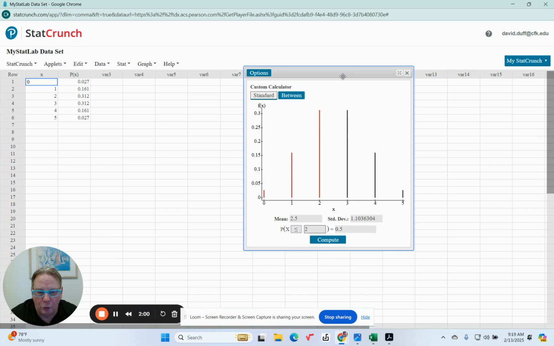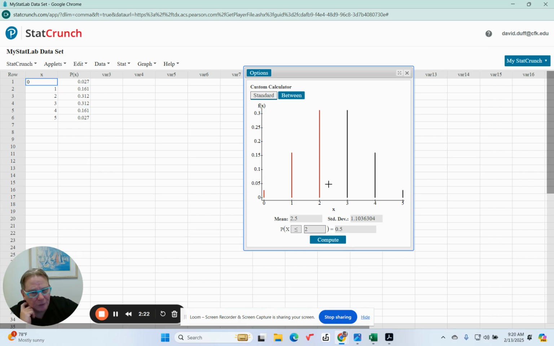So this is really cool. You can see that StatCrunch will provide a bar graph or a histogram right here, right? And you can actually look at it and tell that it's normally distributed.